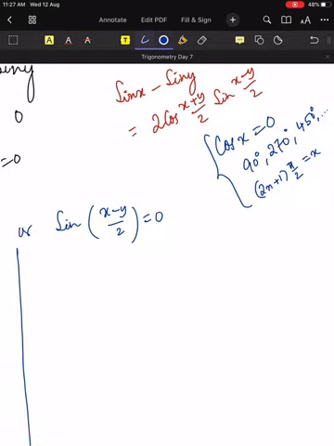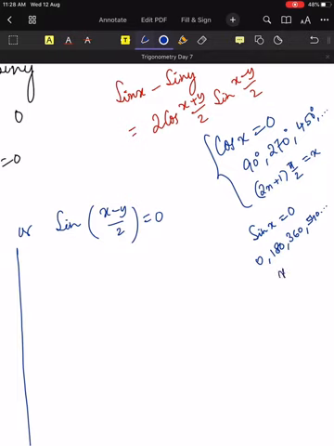Now tell me, sin x equal to 0 when? Sin x is equal to 0 when x is equal to 0, when x is equal to 180, when x is equal to 360, when x is equal to 540. So it goes on like this. So basically it is n pi. N pi means what? N can be 0, 1, 2, 3, 4. So multiples of 180 degree. In multiples of 180 degree, sin x becomes 0.